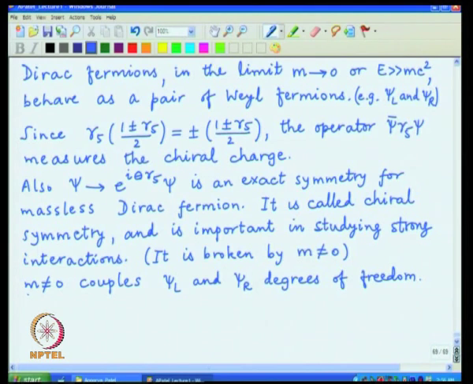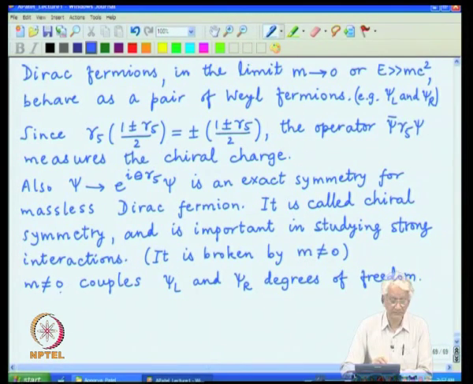and this can be physically understood as saying that if I have a massive particle, I can boost to a frame which is moving faster than the particle. In that frame, the momentum will get reversed, but its spin will remain unchanged, and so the helicity will change sign and it will transform a left-handed particle into a right-handed particle. Such a transformation is not possible if the mass is exactly 0.